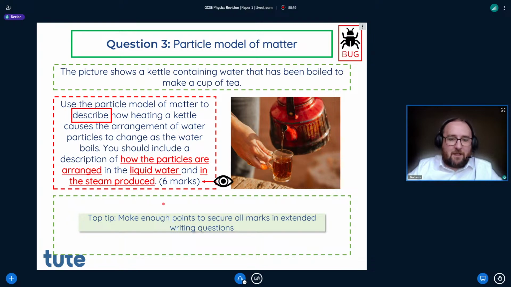So top tip here, make enough points to secure all the marks in these extended writing questions. This is a bit of an extended writing question because we're describing, 6 marks. It's got lots of information it wants us to say. So what I would do here straight away when I see particle model is draw a picture of the story of what's happening.